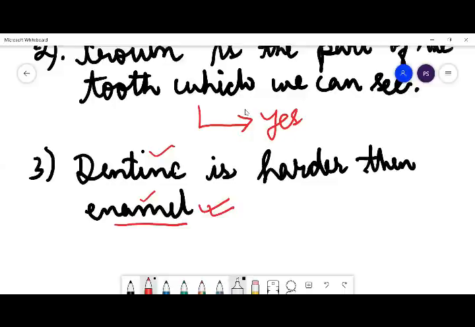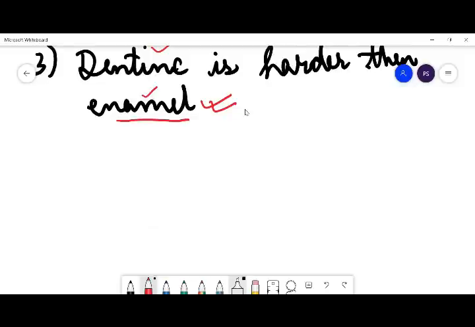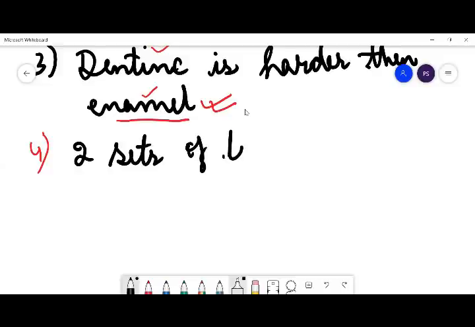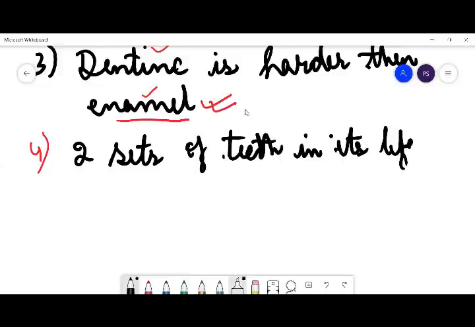Now the next question is, a person has two sets of teeth in its lifetime. Can you name them?